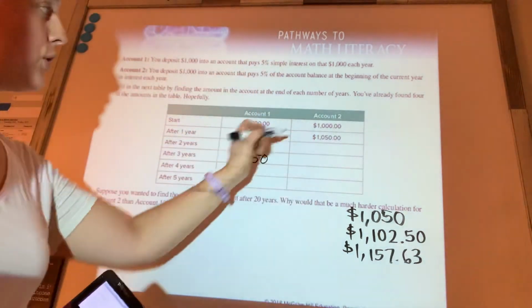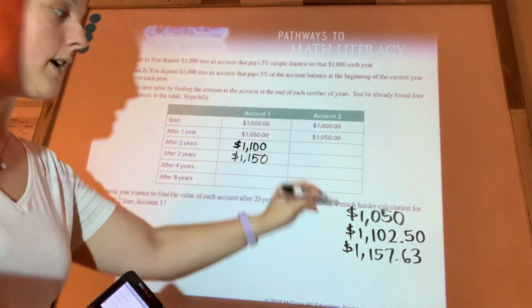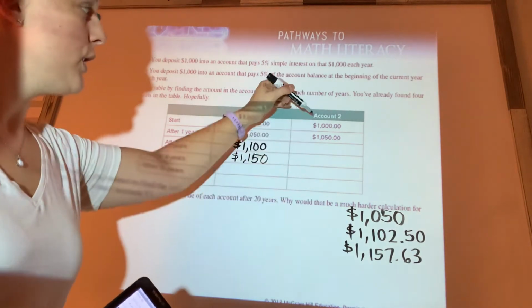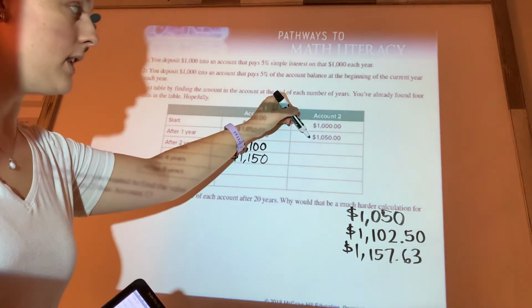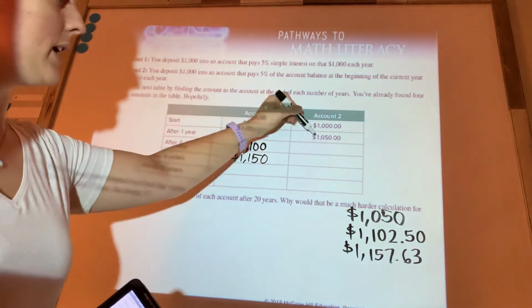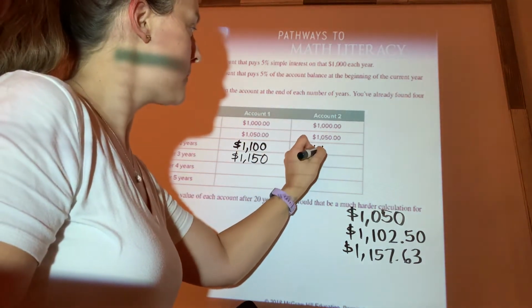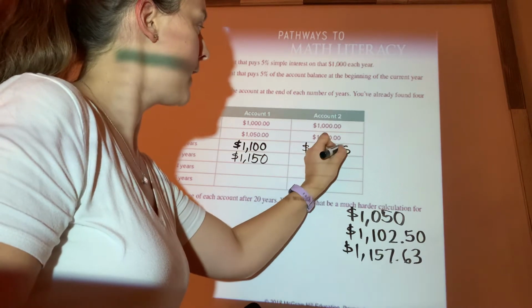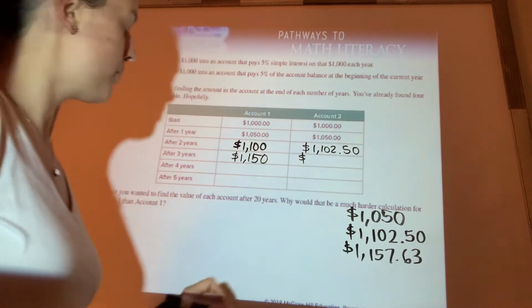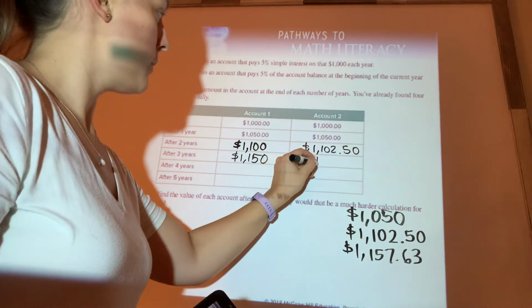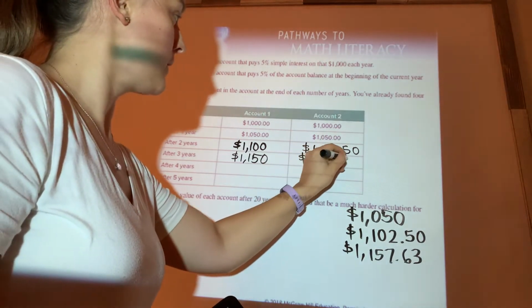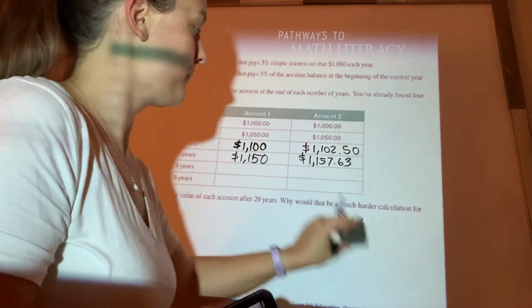Now for account 2, this is from number 4, and these are my numbers from number 4. So we started with 1,000. After year 1, we had 1,050. After year 2, we had 1,102.5. After year 3, we had 1,157.63. So I can erase these now.